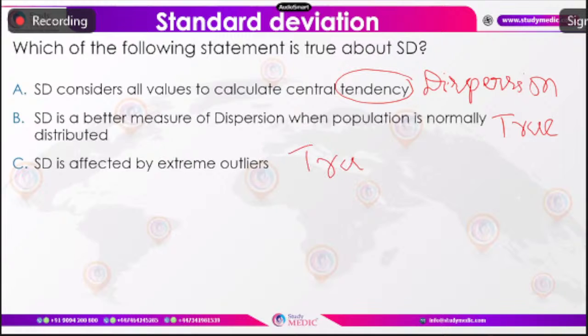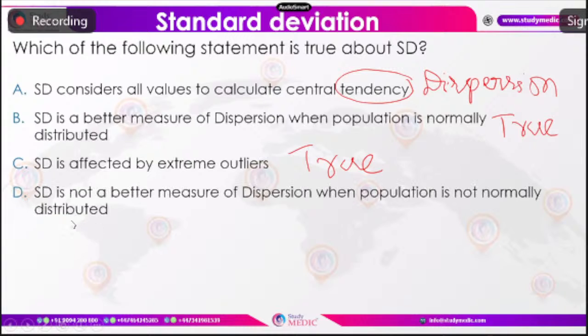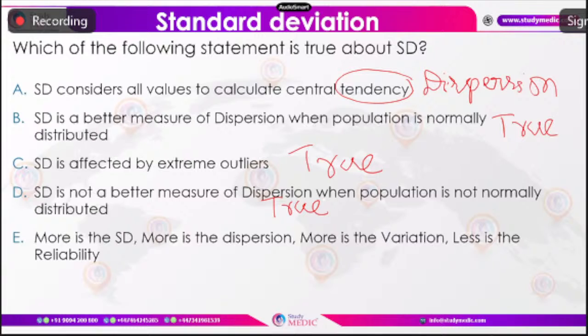SD is not a better measure of dispersion when the population is not normally distributed. This is also true. SD is a better measure of dispersion only when the population is normally distributed. So these are the statements that are either true or false about the SD.